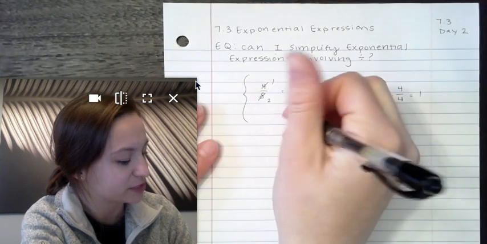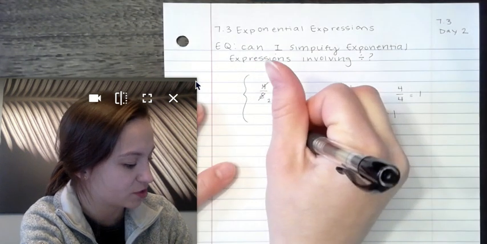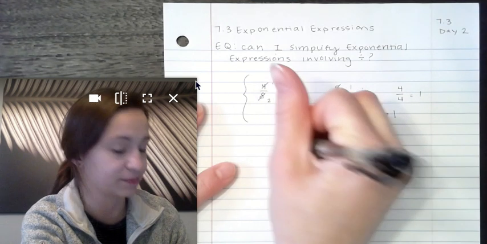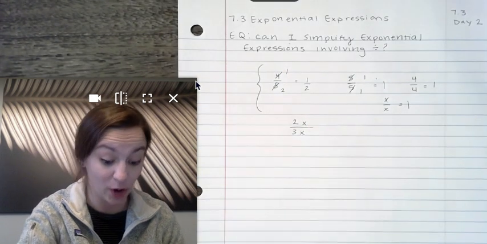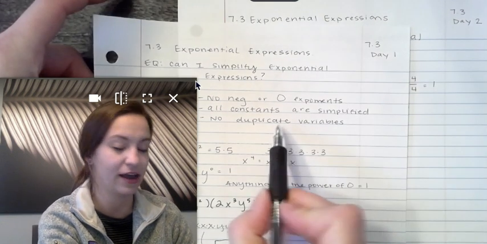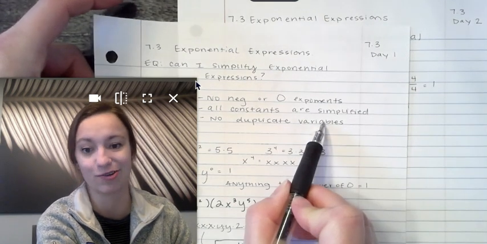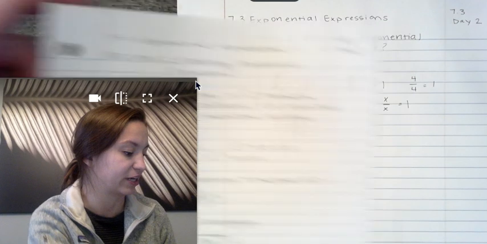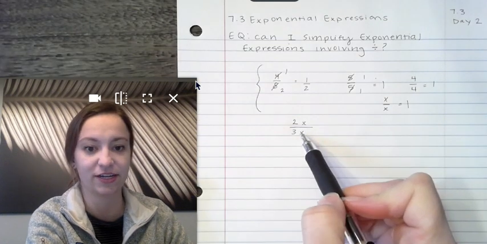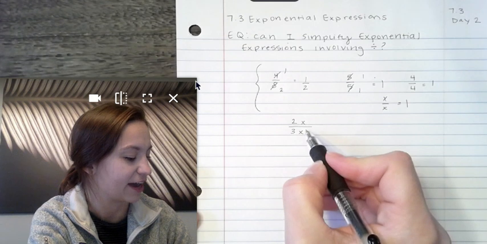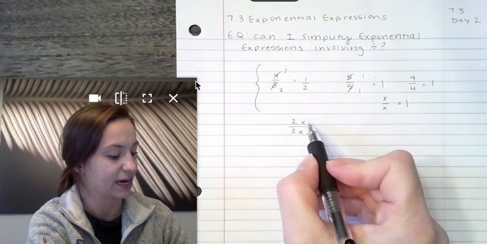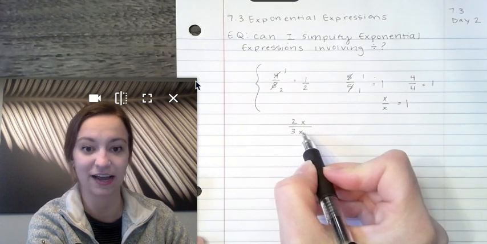When you see something like this today, 2x over 3x, we look and say, that's not simplified, because I have duplicate variables. And that's my goal. I've got to get rid of those duplicate variables. So if I have an x here and an x here, if we look really closely at that ratio, if there's an x and an x, I can start crossing them out.